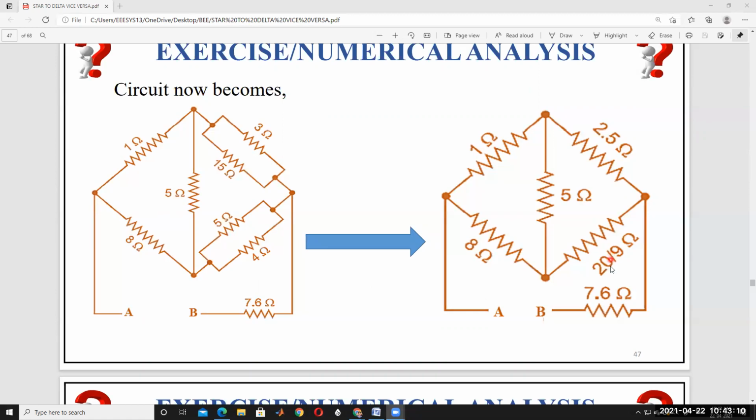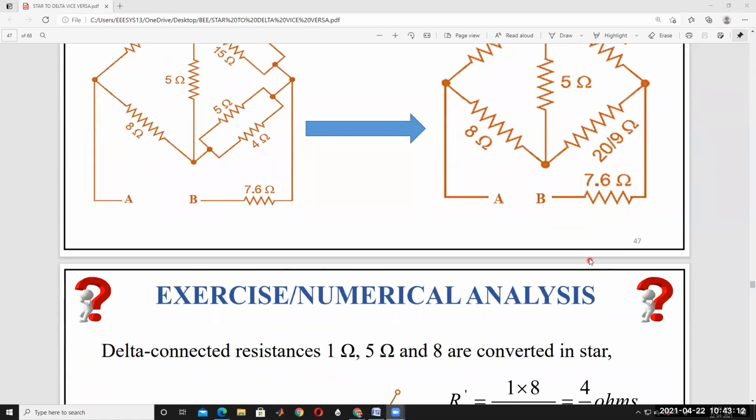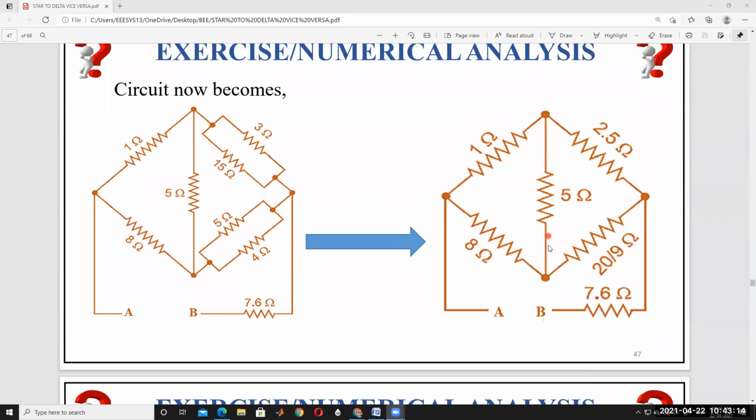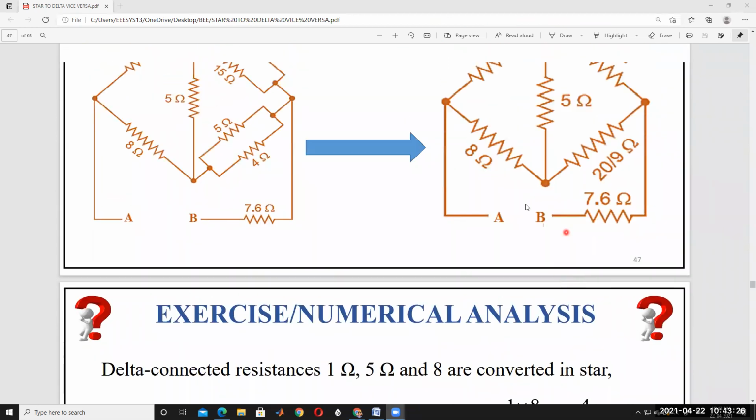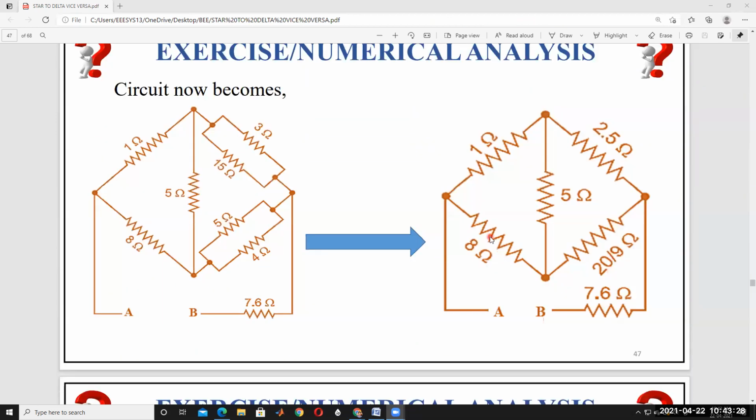Again, convert either delta to star, or reduce this network into star. Here, 1, 5, 8 is converted into star in this problem.